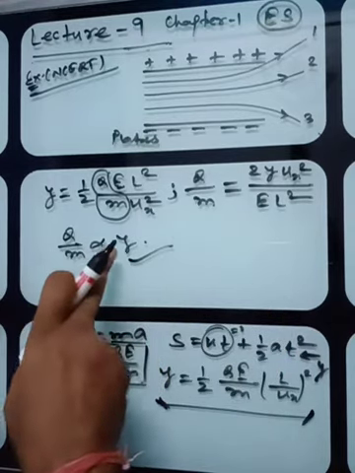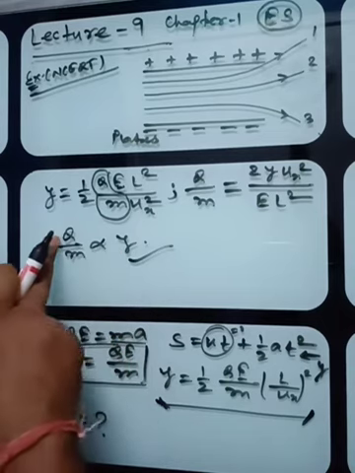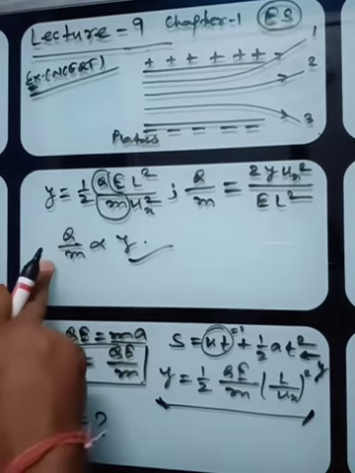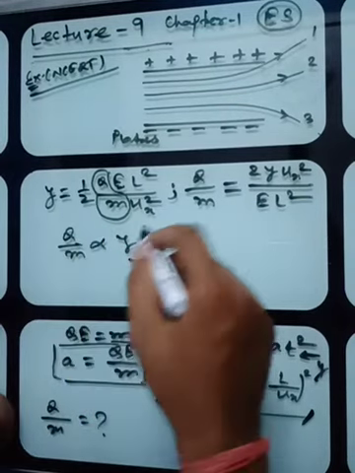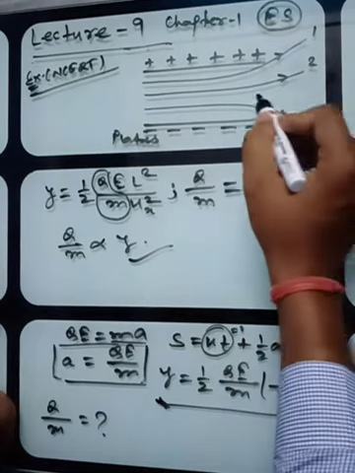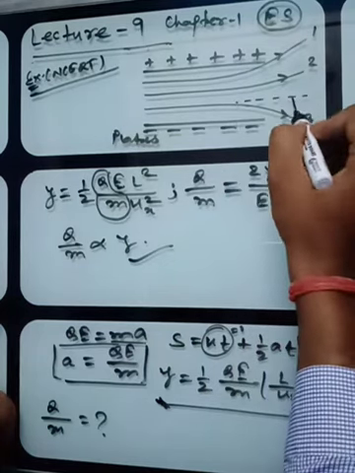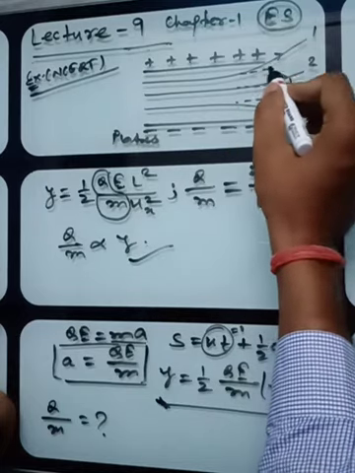The charge that deflects much will have the larger charge by mass ratio, and it is clear from the figure. You can see the third one has the greater deflection, the first has a much smaller y, and the second is moderate.